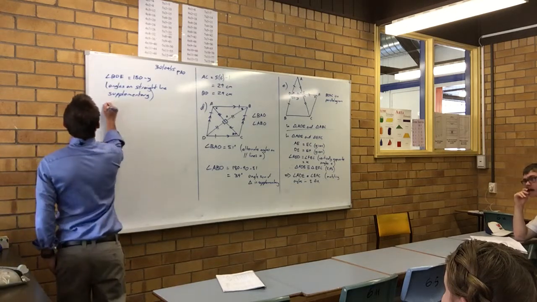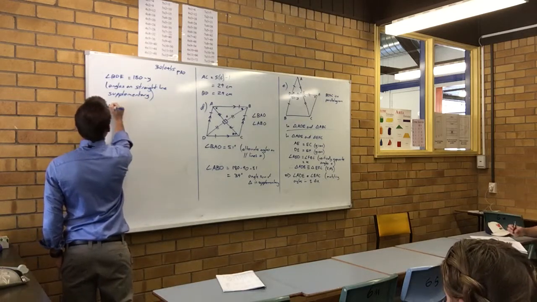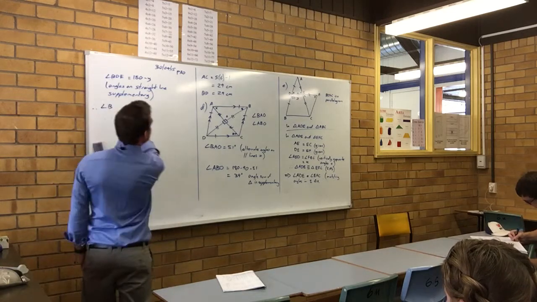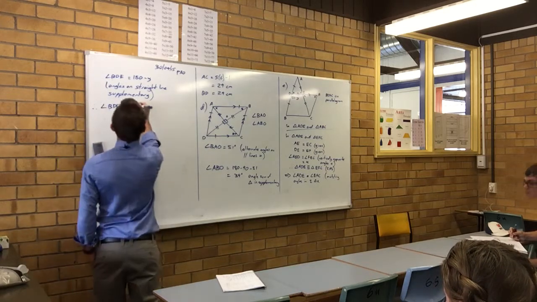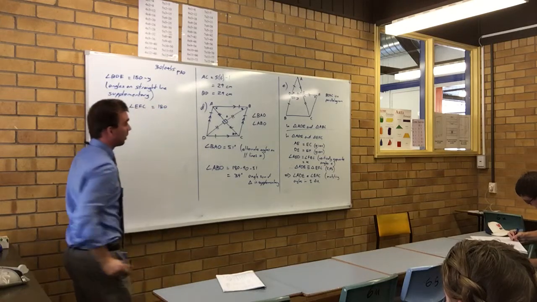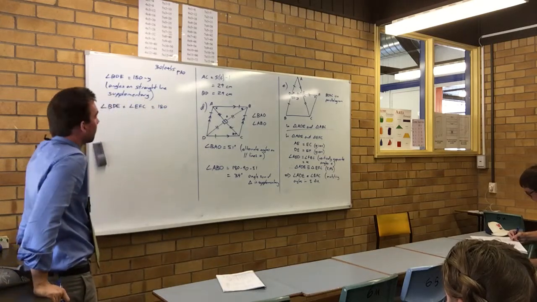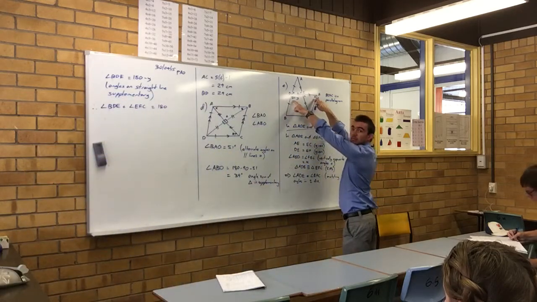Alright, let's go this first. Angle B, so therefore angle B DE plus angle EFC is 180. So this angle here plus that angle there is 180.